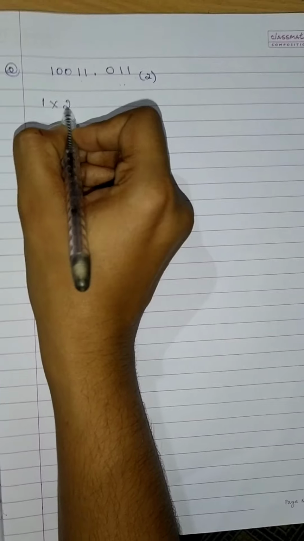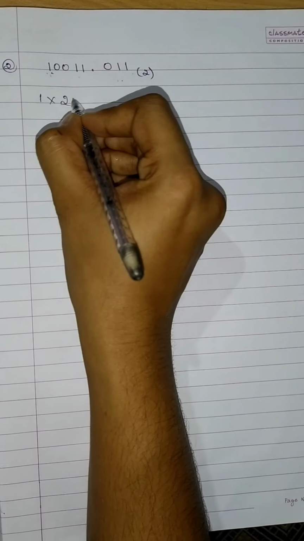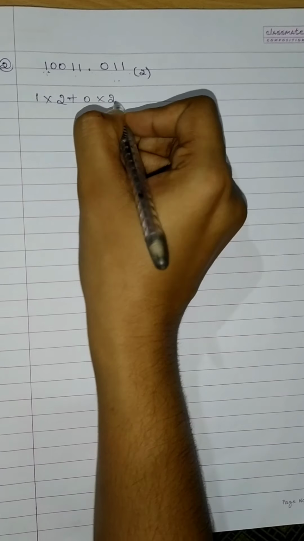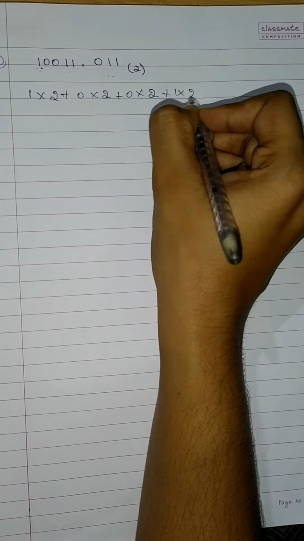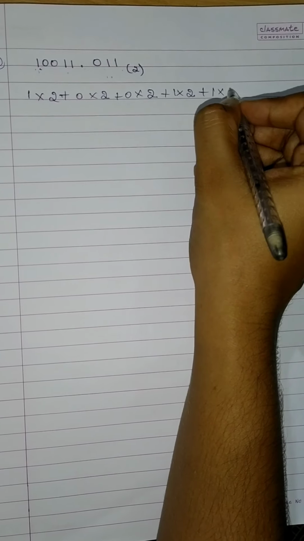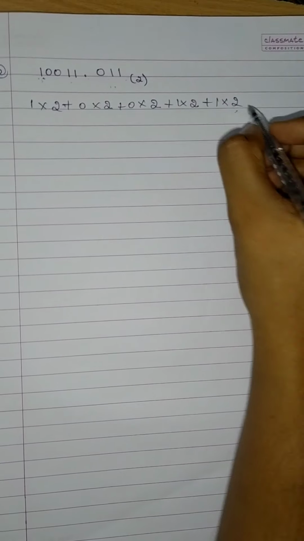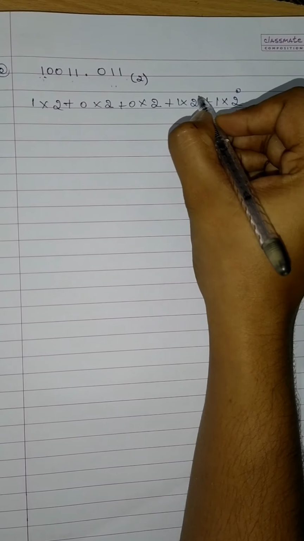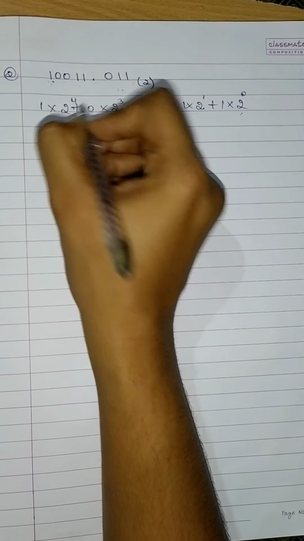So 1 into 2, I am taking this from left to right, so 1 into 2 plus 0 into 2 plus 0 into 2 plus 1 into 2 plus 1 into 2. Okay, so this is regarding the positive values. I need to give the weightage from 0, 1, 2, 3 and 4.